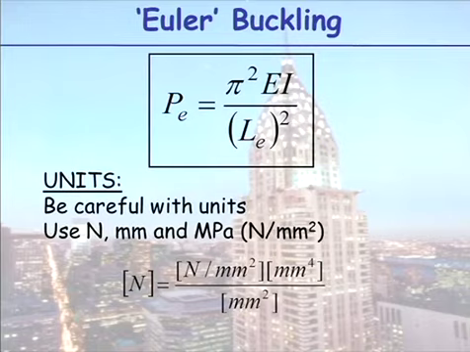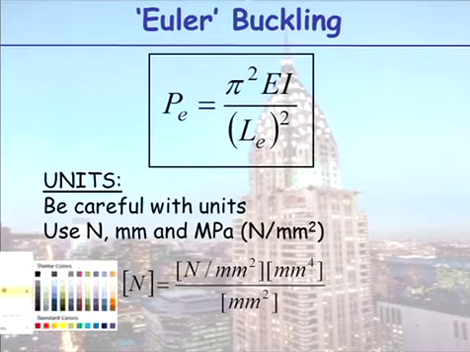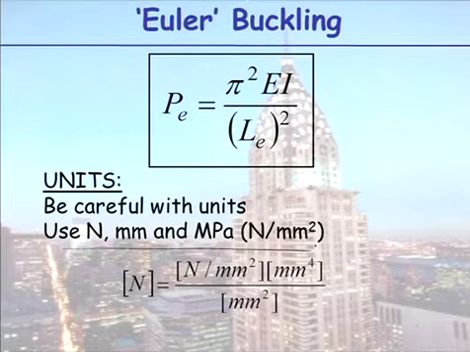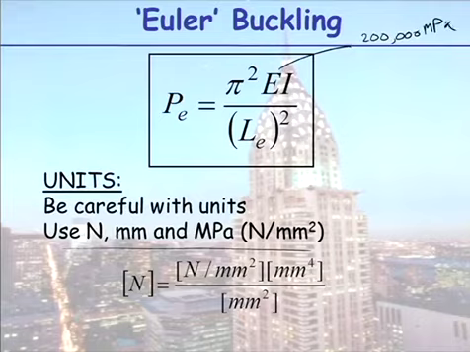I'm not saying use the correct units because you can use whatever combination of units you want as long as they are consistent. But what I highly recommend you do is use newtons, millimetres and megapascal, because a megapascal is a newton per millimetre squared, and normally when you're given the value of E, you're given it in terms of megapascal.